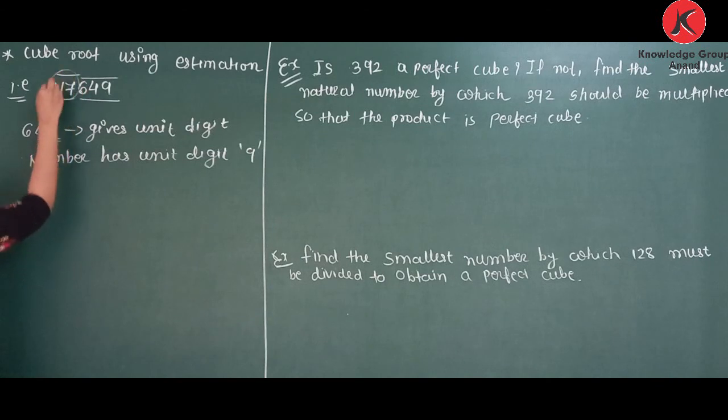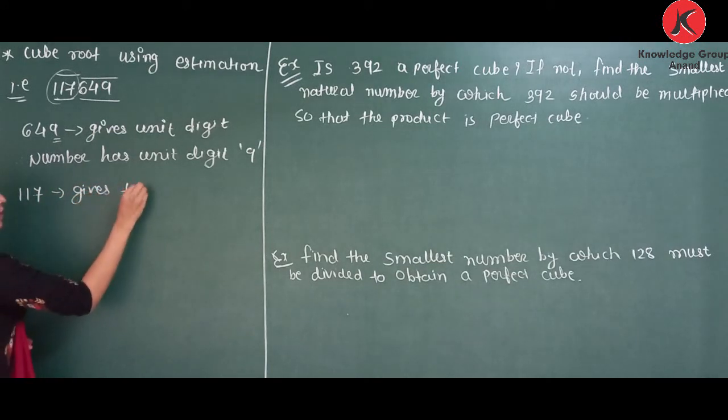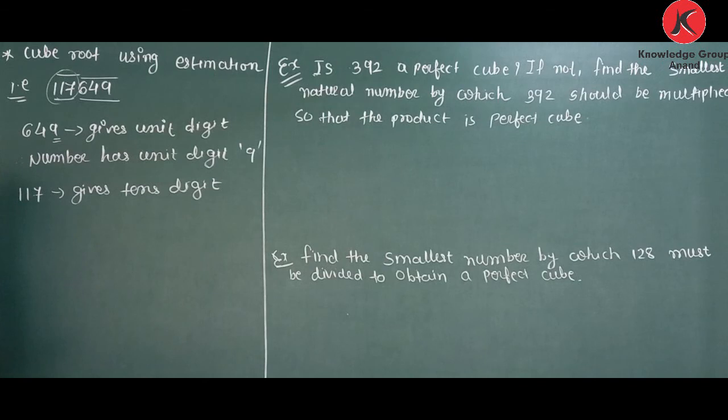After that, the next group is 117. So 117 gives the tens digit. Now how can we find the tens digit? 117 is between which two perfect cube numbers?